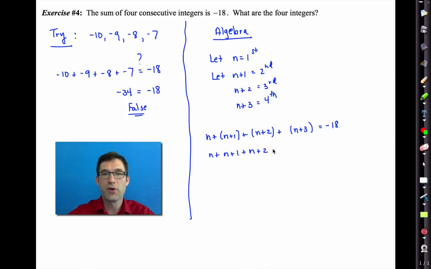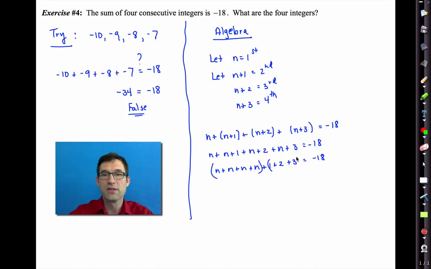So the associative property says I can get rid of all these parentheses because I can add in any order I want. I would really have to do a lot of commutative property, some flip-flop, flip-flop, flip-flop. Ultimately, though, what I'd have is n plus n plus n plus n plus 1 plus 2 plus 3.